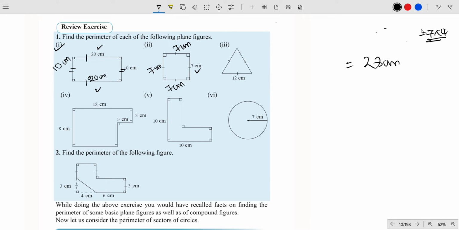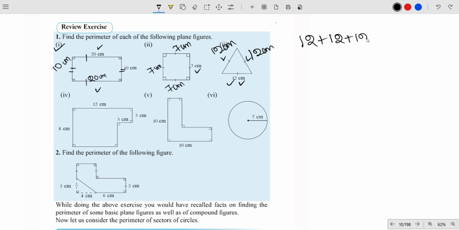And the third question is an equilateral triangle. It means the three sides of the triangle are equal in length. So this one is 12 centimeters as given, so this one is also 12 and this one is also 12. So 12 plus 12 plus 12 is the perimeter.